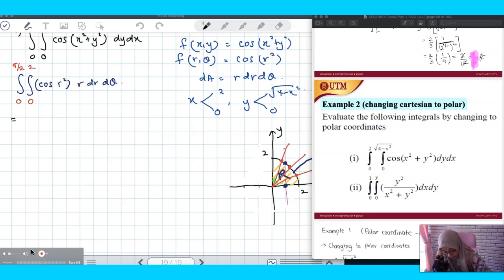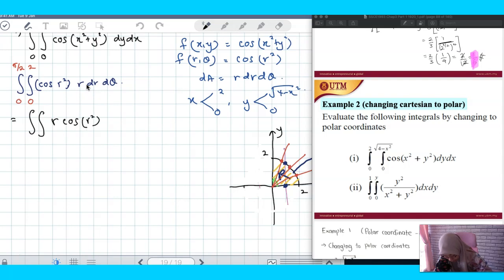In order to integrate, first integrate with respect to r, cos of r squared multiplied by r. So we have r cos of r squared dr d theta.